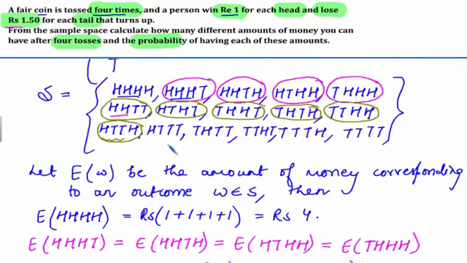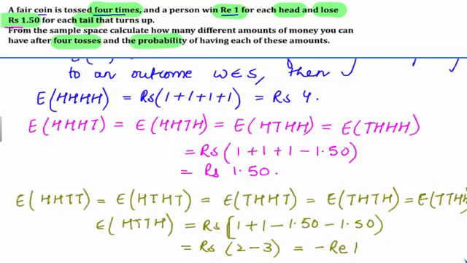Now let us again see the sample space. Then the next outcome is HTTT. Here we have 3 tails and 1 head. In the next outcome also we have 3 tails and 1 head. In the next one also we have 3 tails and 1 head. And in the next one also we have 3 tails and 1 head. Therefore the amount of money corresponding to these 4 outcomes will also be equal.